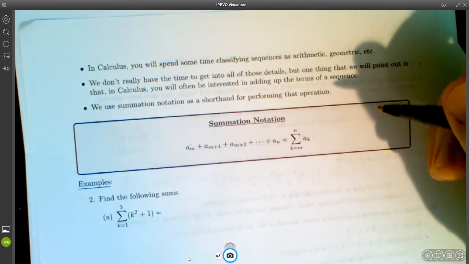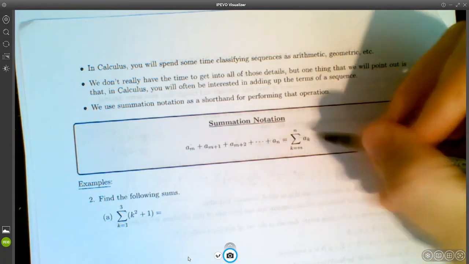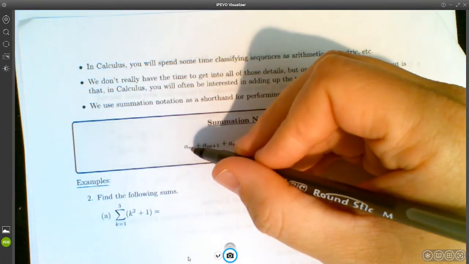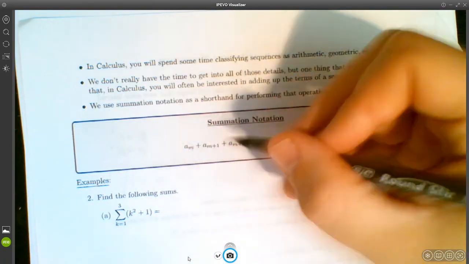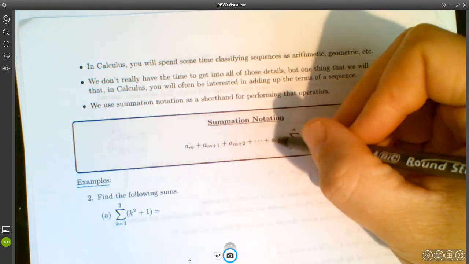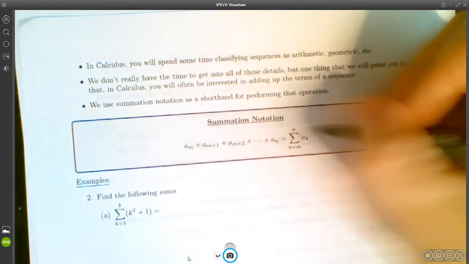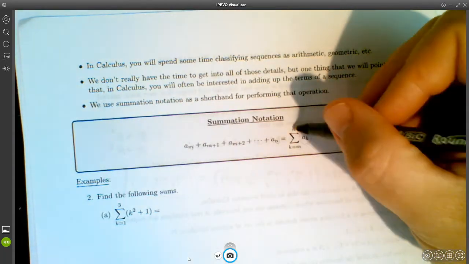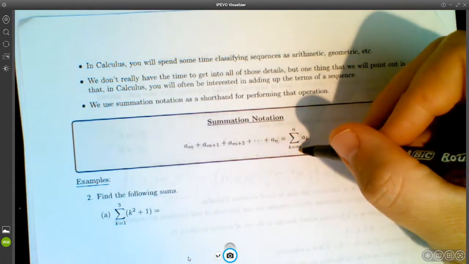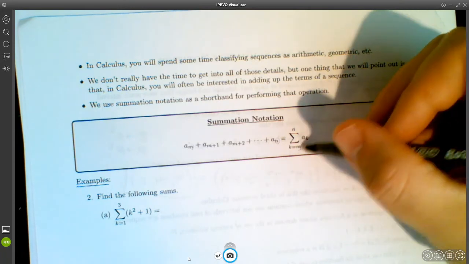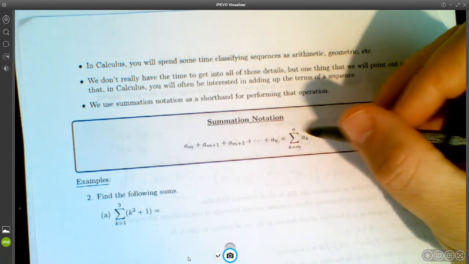Sigma stands for sum. So it's a capital sigma starting at k equals m, so your subscript starts at m, and ending at k equals n. And then you're going to add up all of the terms of the form a sub k, starting at m and ending at n. So you take turns plugging in m, and then m plus 1, and then m plus 2, and so forth, all the way until you get to n.